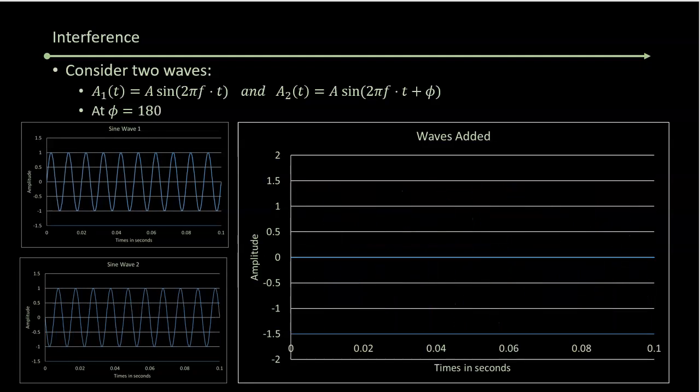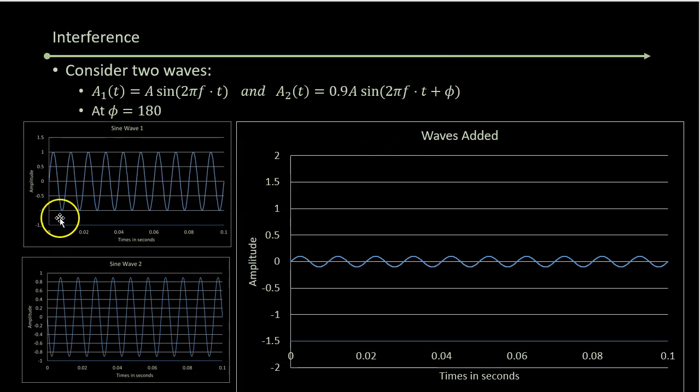Now let's move to 180 degrees, and what happens? The waves are completely canceling each other out. Completely canceling each other out. Okay, let's simulate something a little bit more realistic. One of the waves comes at you directly. The other wave is reflected off of something, and so it's attenuated a little bit.